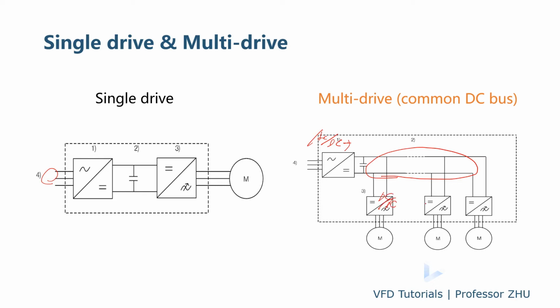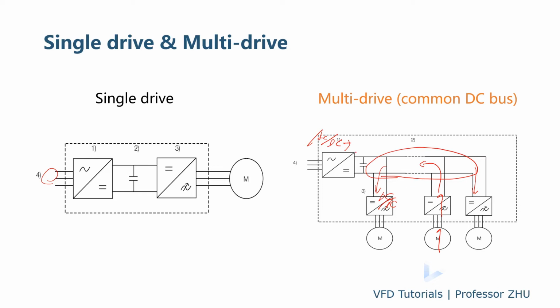An advantage of this kind of topology is, for example, when this motor regenerates power, converting mechanical power to electrical and back to the DC, most of the energy can be absorbed by the other drives if they are running in motor condition.